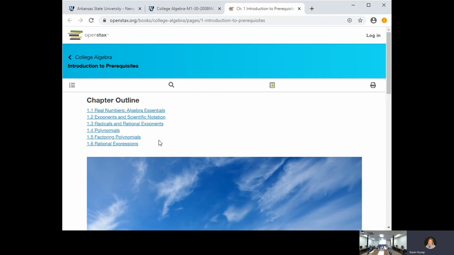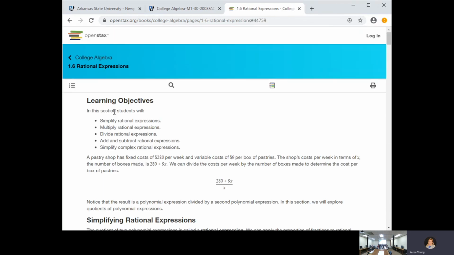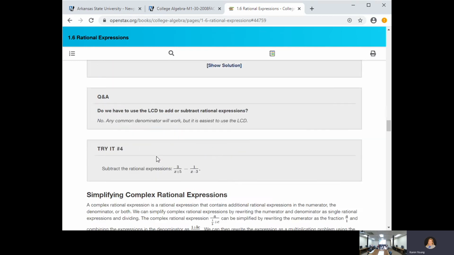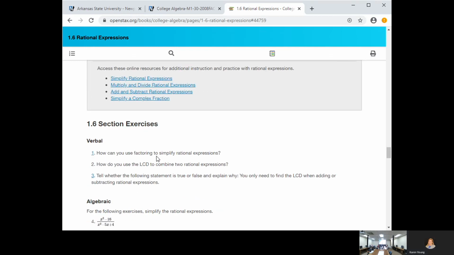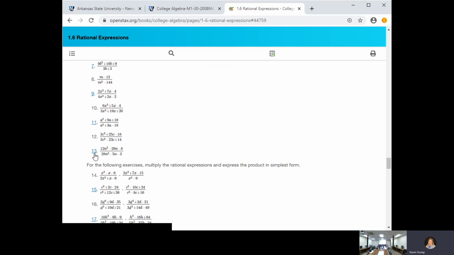But to review, go to 1.6. Go all the way through to get to the exercises, and these were all the factoring that you factored and simplified. So the highlighted numbers, the blue numbers.